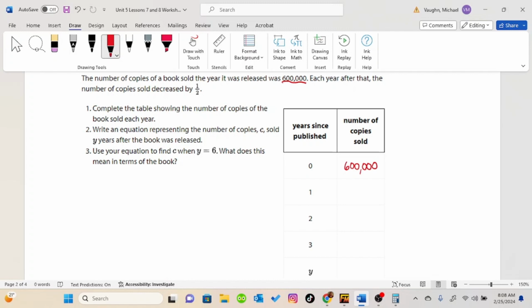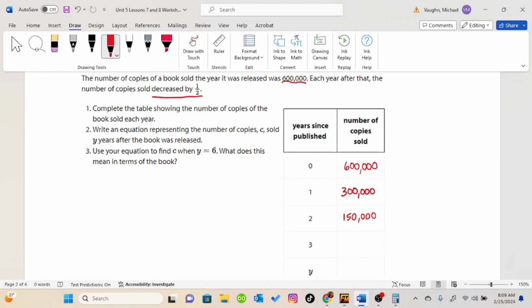One year later, that number would decrease by 1/2. So we're going to multiply by 1/2. 600,000 times 1/2 is now 300,000. A year later, 300,000 times 1/2 is 150,000.